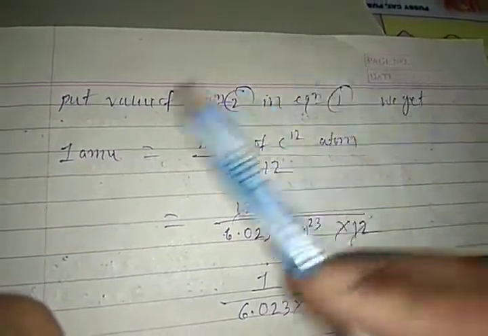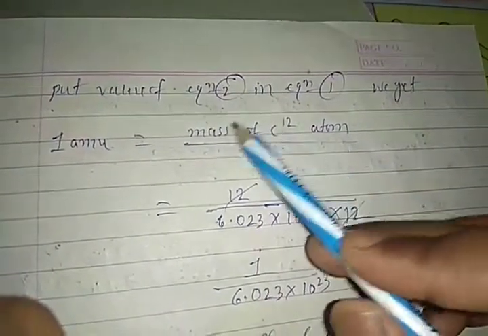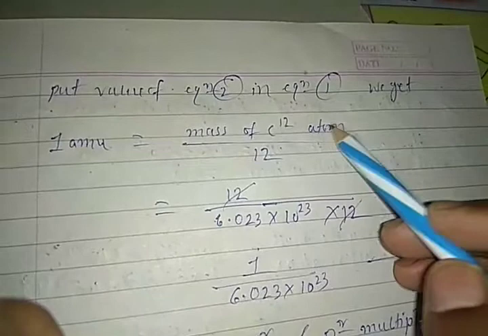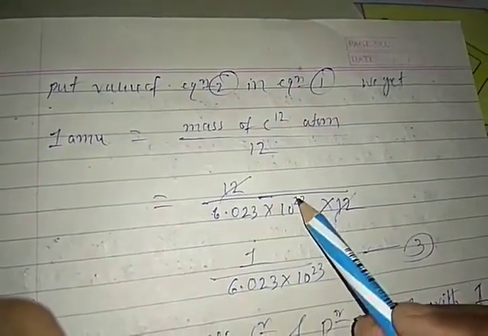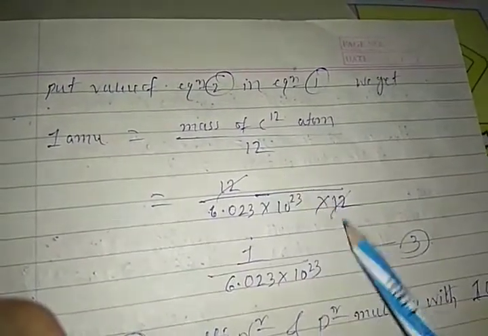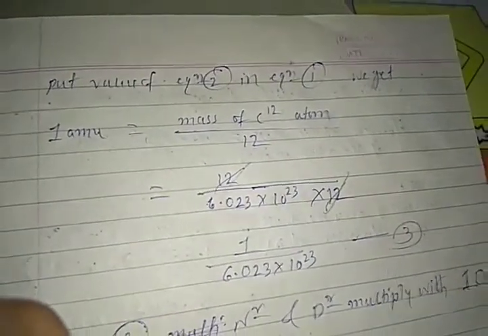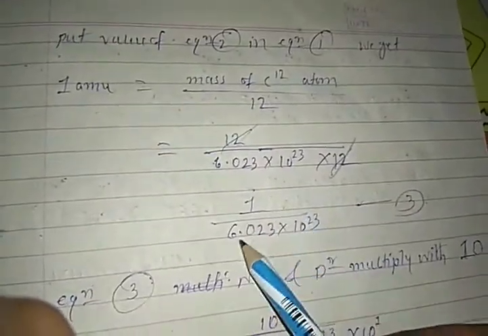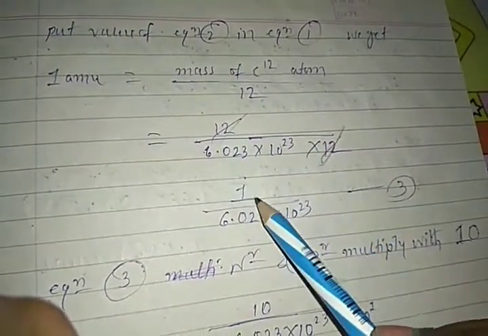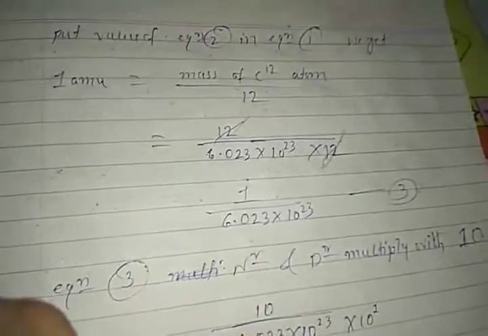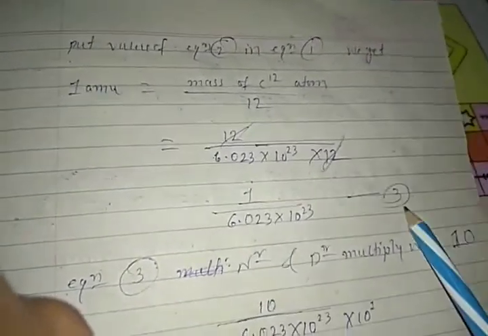We get AMU, the mass of carbon 12 atom divided by 12. The mass of a carbon 12 atom is 12 gram per mole, so we write 12 gram by 6.023 10 to the power of 23, and 12 as it is. The 12 gets cancelled, and we get 1 by 6.023 10 to the power of 23. Right students? Okay, so this is considered equation 3.